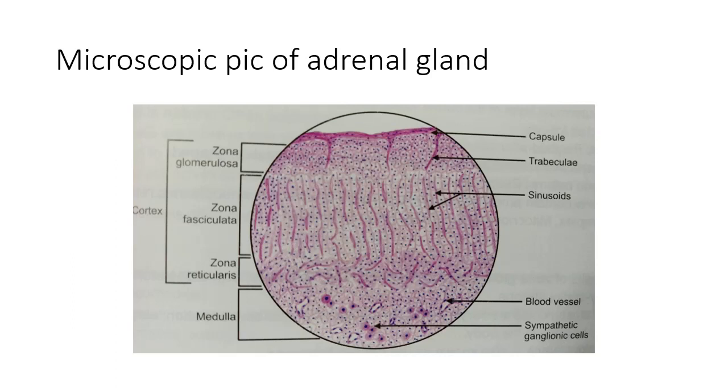So you will have to draw a small diagram with all the layers very well defined, that is zona glomerulosa, marking it 15%, zona fasciculata, please write down it is 70%, zona reticularis 10%, and write down the peculiar features of each zone in your notebook also along with the diagram, so that the diagram is completely well illustrated and explanatory.